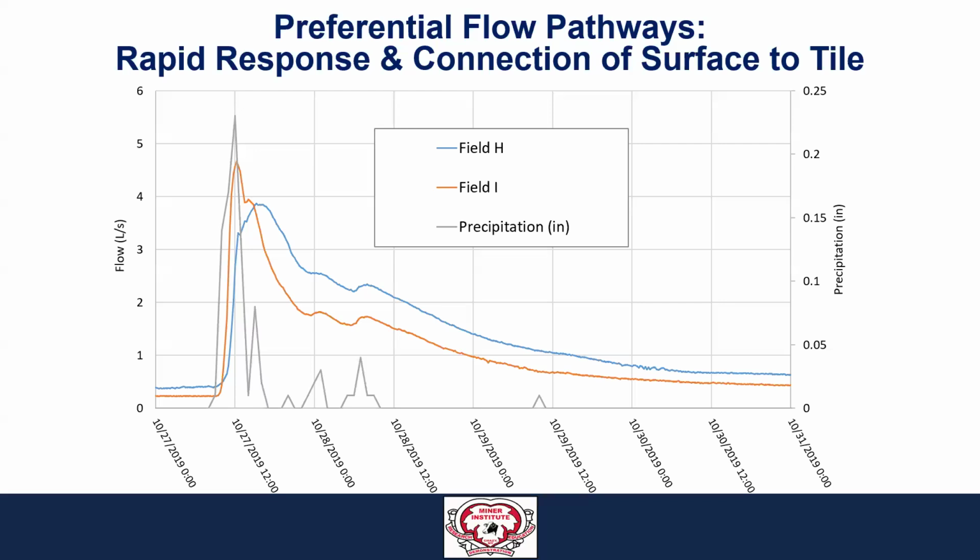That drainage at the surface is moving very rapidly down to our tiles. And so in these two fields with heavier clay content, rather than having that slightly more muted peak as the water was forced to diffuse through the soil profile, we can see that more sharp and rapid peak that coincides with our precipitation.